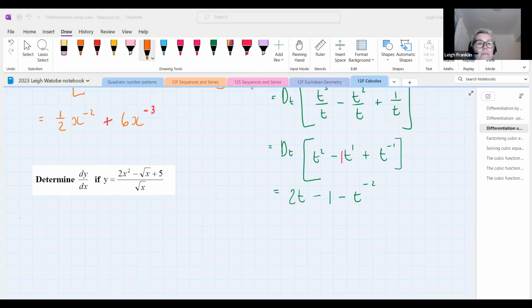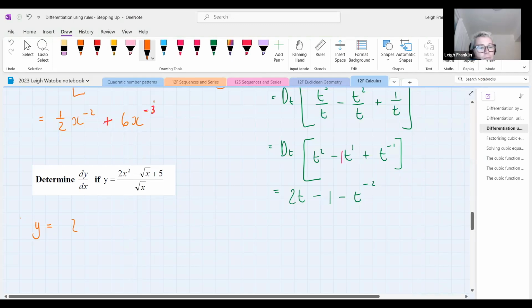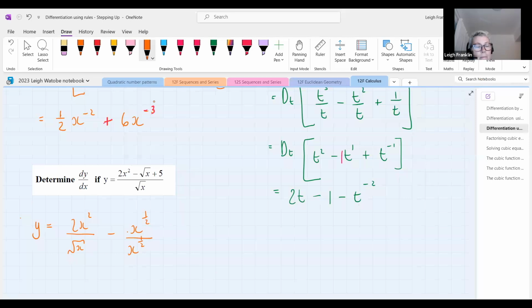Okay. For this one, I said y equals 2x to the power of 2 over the square root of x, minus x to the power of 1 over 2 over x to the power of 1 over 2, and then I said plus 5 over the square root of x.